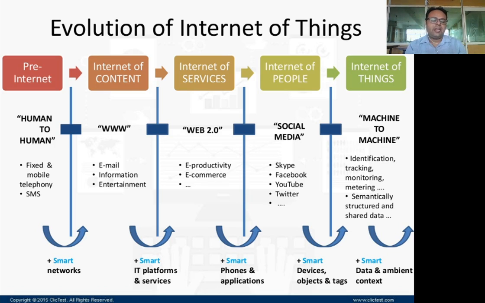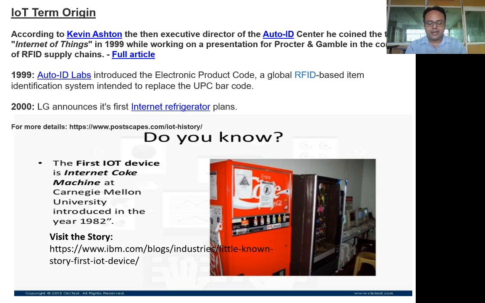So it can be used for many purposes. It can be used for tracking devices, identifying objects, monitoring and controlling processes, and many other applications. So it would be very interesting to know from where this word IoT originated.